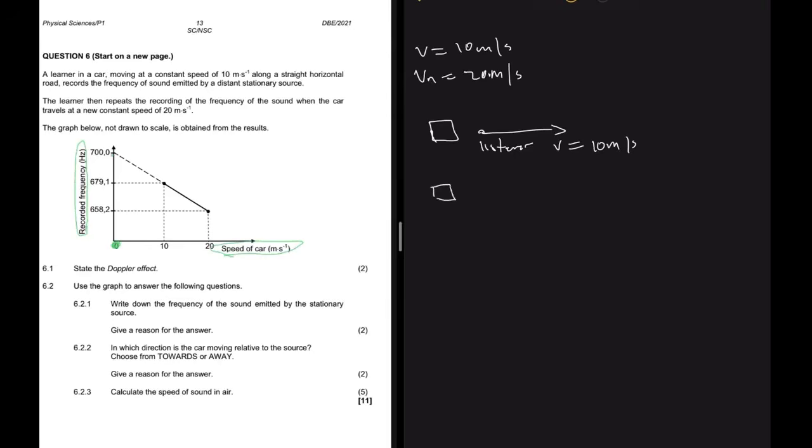And in the second scenario, the sound source is still stationary, but the listener is now moving away at a speed of 20 meters per second. The first question says, state the Doppler effect. This is the apparent change in observed frequency as a result of the relative motion between a sound source and an observer.